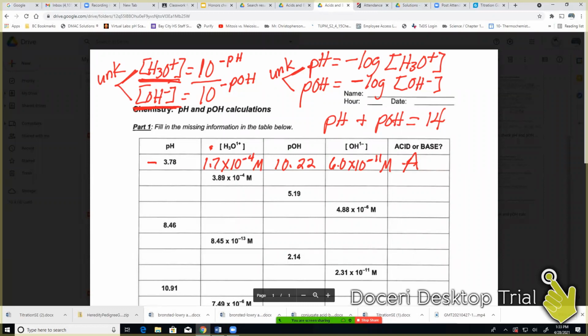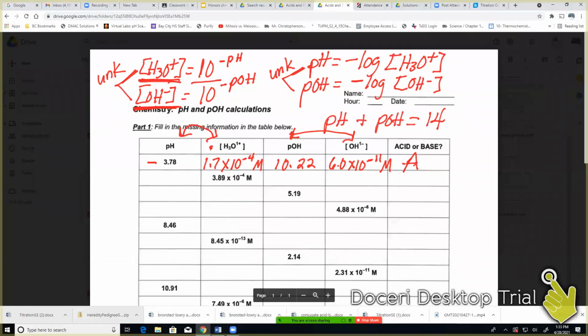Yes, it does, because doesn't H plus go with pH? So that makes sense. Remember, your H plus and your pH go together. Your pOH and your OH go together. And then, like I said, just be sure you look at your pH number here to decide whether it's an acid or base, because you can see your pOH, and at that, it would flip it.